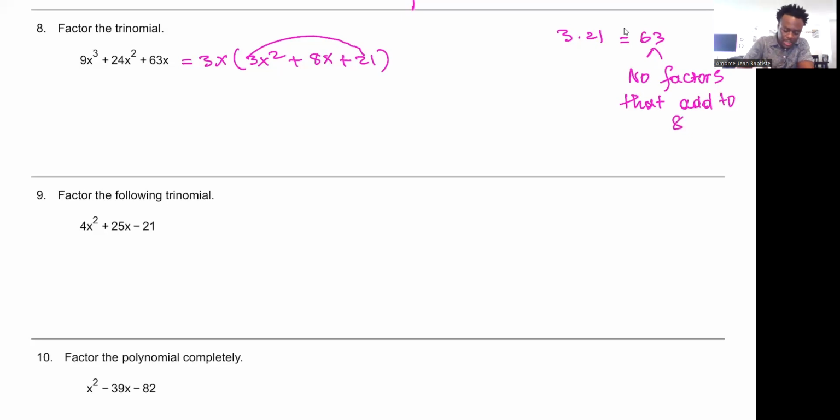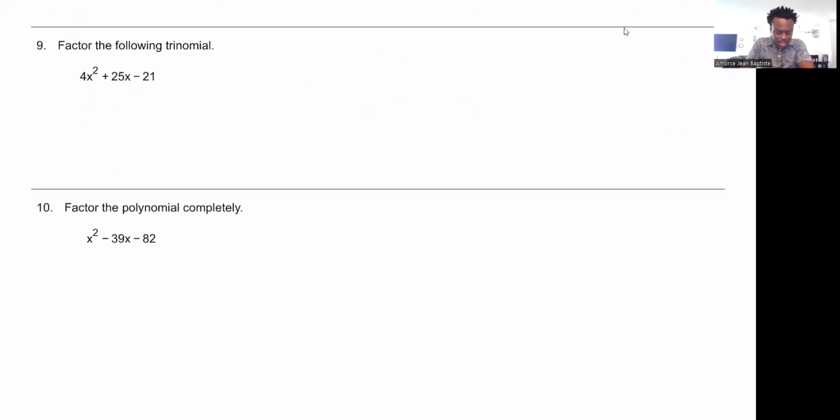So then this expression inside of the parentheses will be a prime trinomial, which means you can't factor it any further. But you need to make sure that you check for all the possibilities before you assume that it's prime. You don't have to show me that you check, but the worst case would be you say that it's prime while it wasn't prime.